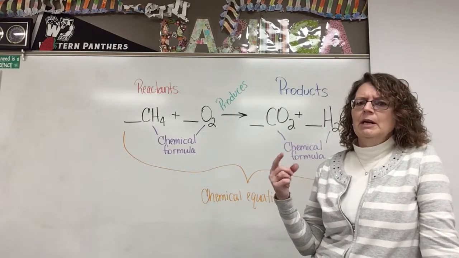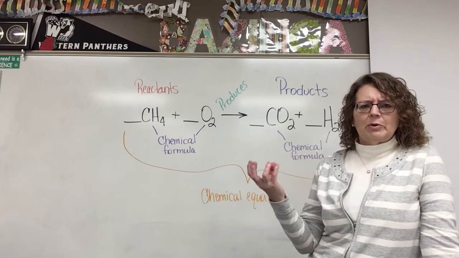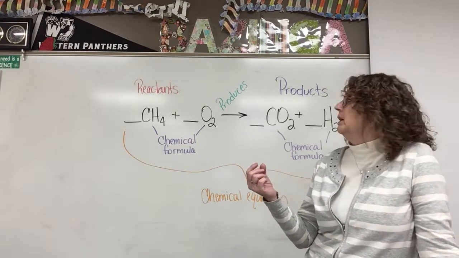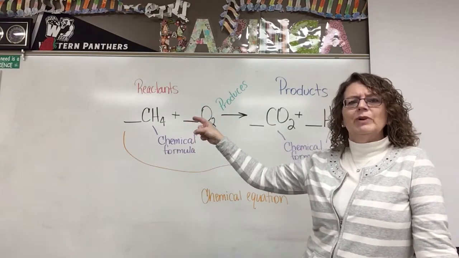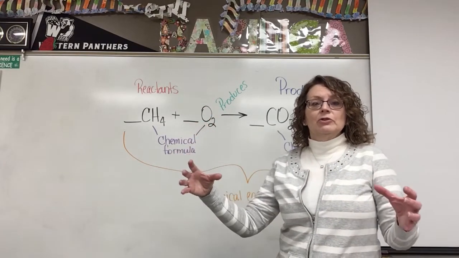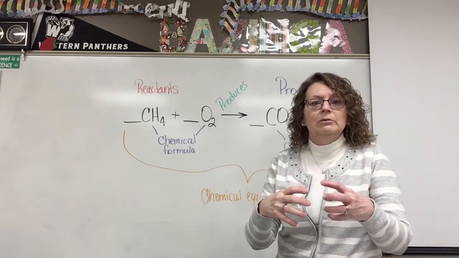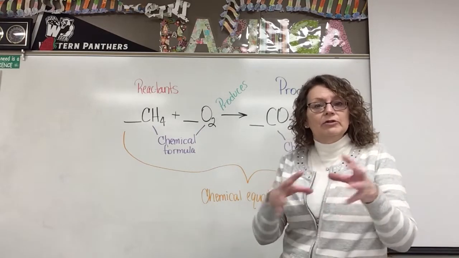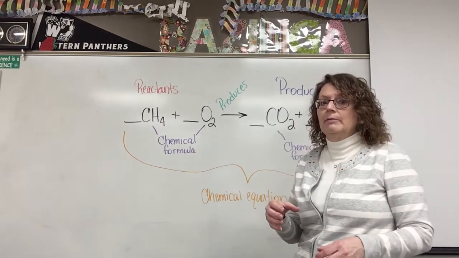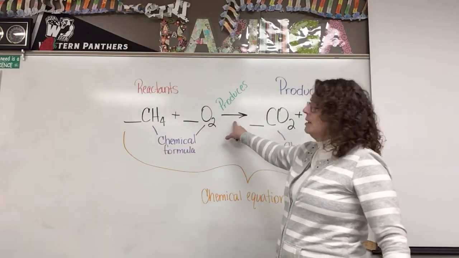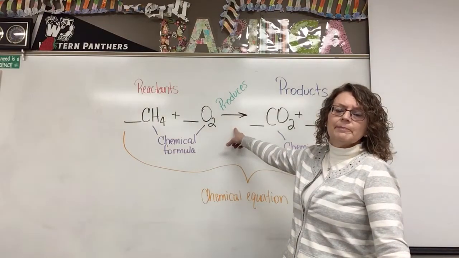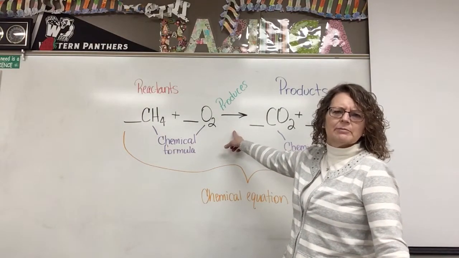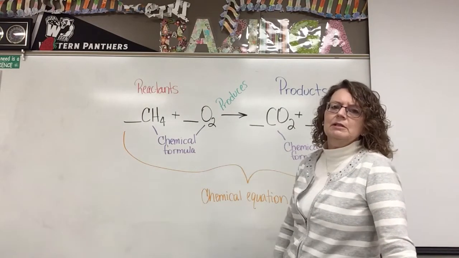All right? So getting the vocabulary down for lesson one, your reactants are on the left side of the equation. Reactants are the things you're going to put together to see if they will react. They'll change, make some changes, okay? The arrow, this textbook calls it produces. Some of them say yields, but this textbook says produces.